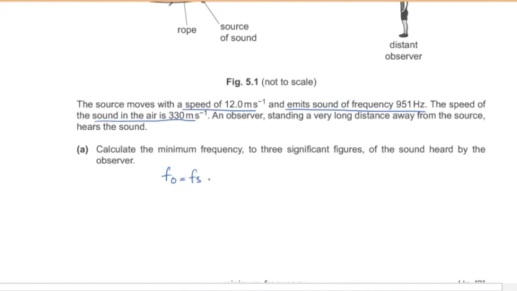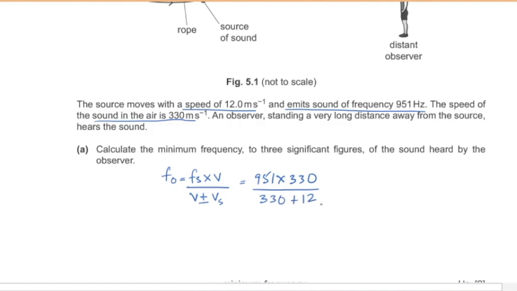frequency of source multiplied by the speed of sound in air divided by the speed of sound in air plus or minus, depending upon whether it's the minimum or the maximum frequency, the speed of source. So observed frequency is equal to 951 into 330 divided by, since it's the minimum frequency, 330 plus 12.